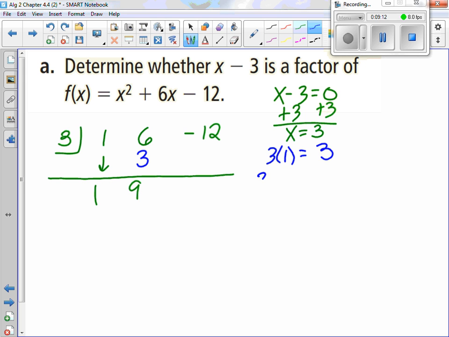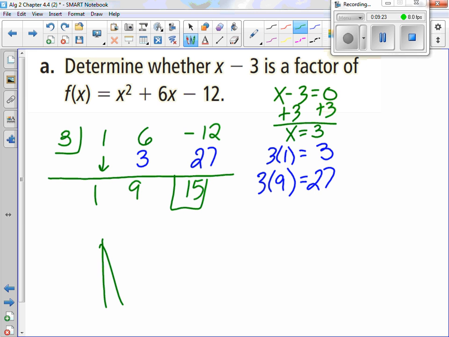And then we would do 3 times 9, which gives us 27. -12 plus 27 would be 15. So exactly, this would be no, because we have a remainder that is different than 0. We need the remainder to be 0 for us to be able to say that this is a factor.